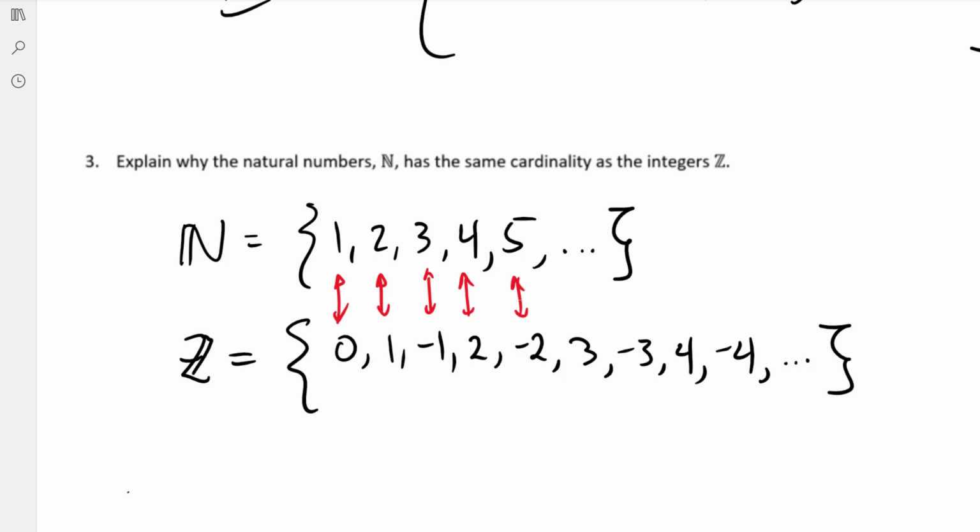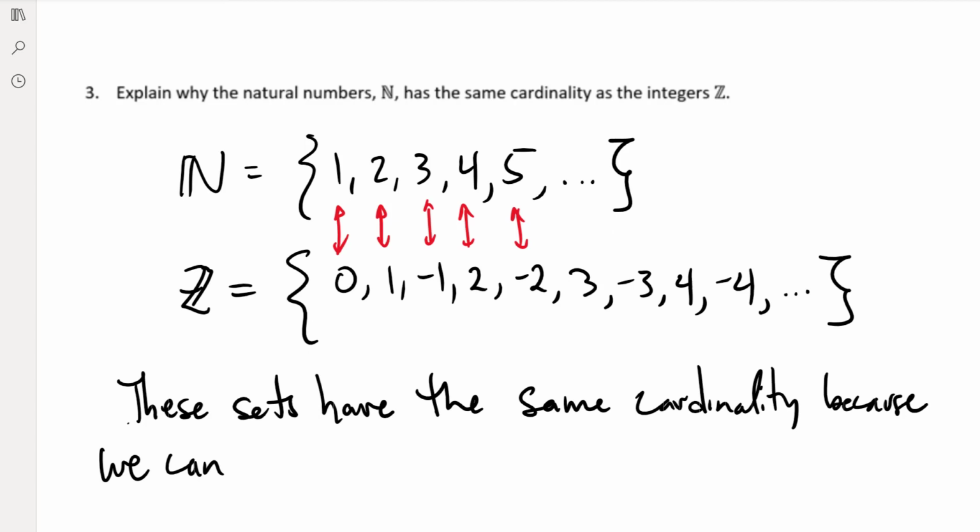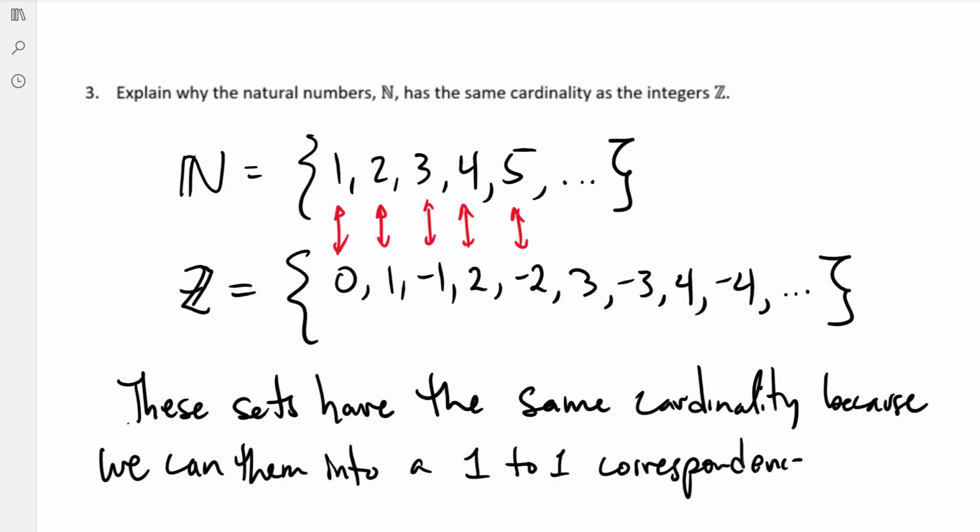That's why we say that the integers are countable and the natural numbers are countable, and we could say that they have the same cardinality. We could say these sets have the same cardinality because we can put them into a one-to-one correspondence. Or you could say because we can form a bijection between them, and it didn't actually ask specifically what that bijection is.